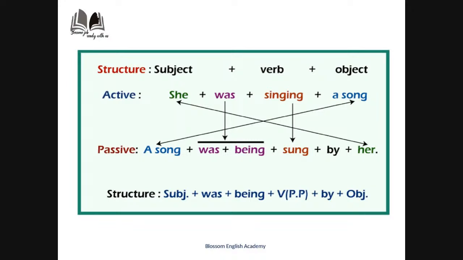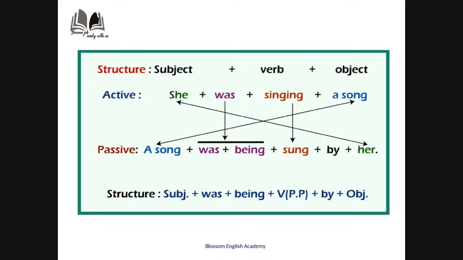But the tense is in continuous tense. So how would you balance it? By adding being. So was being, and the verb in active voice is sing. When it turns into passive voice, we are supposed to write it in past participle form, so it is sung. A song was being sung by whom? Who is the doer of the action? She.